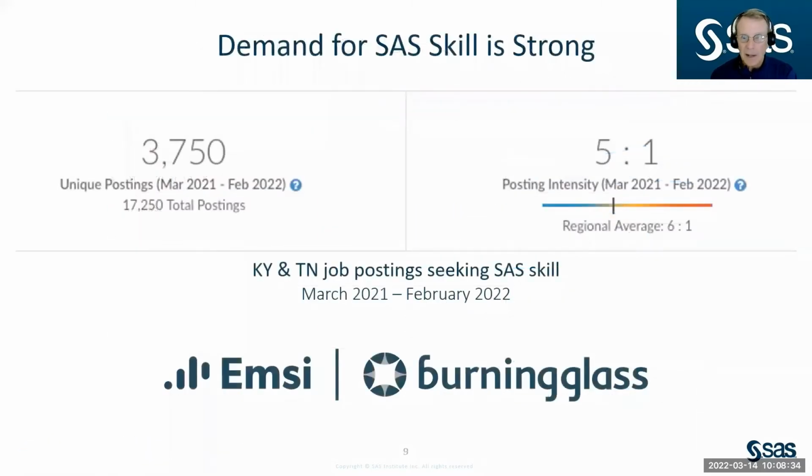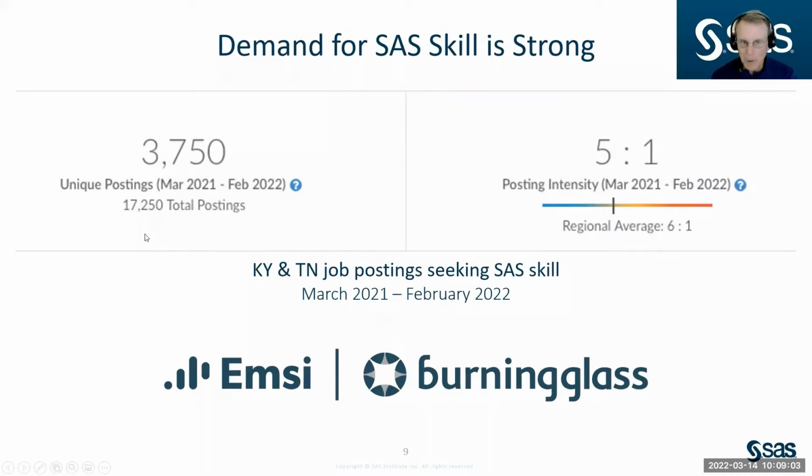And then I had Lori go ahead and pull the job postings just for Kentucky and Tennessee. Probably could have gone with some other states just to get some regional perspective. And there were 3,750 job postings, and you'll notice that these are unique job postings.